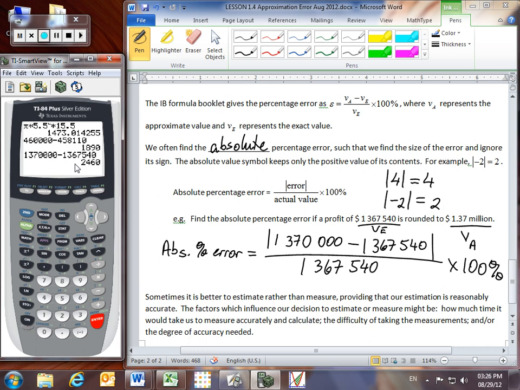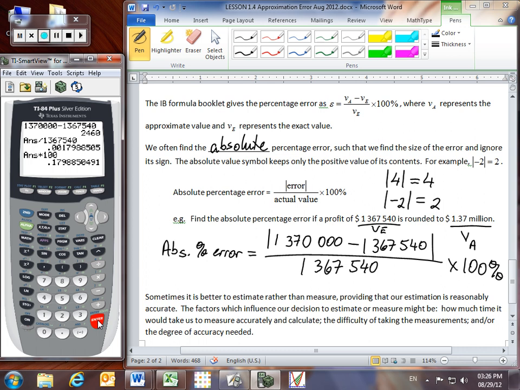Alright, let's divide this amount by the denominator of 1,367,540. And lastly, we will multiply by 100 so that we can convert it into a percentage. You can see that we get 0.1798.